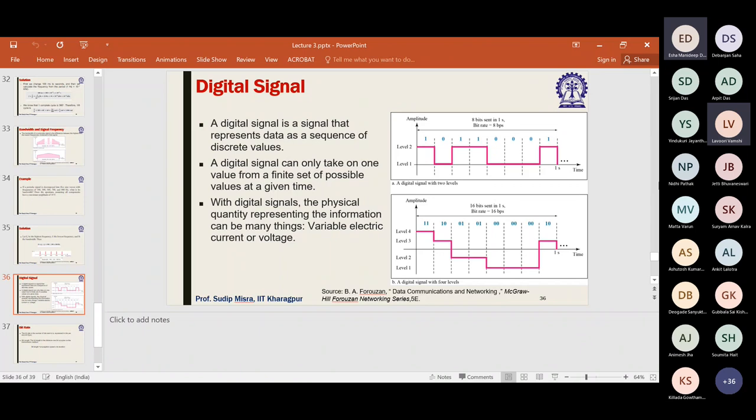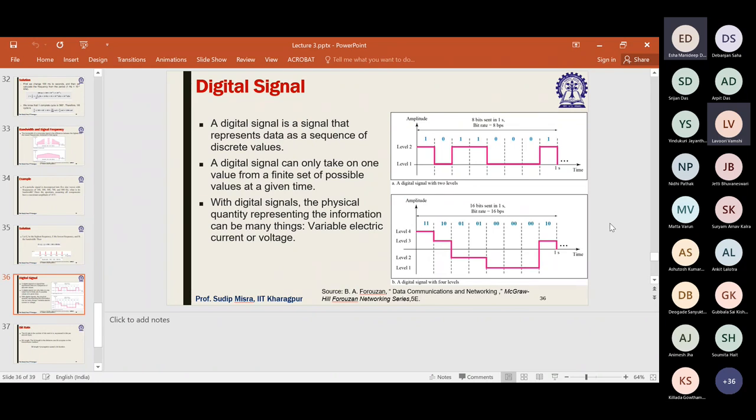If you want to encode zeros and ones, this is how the digital signal is going to look. There are more sophisticated ones, not just with two levels, where you can have multiple levels through which it can be encoded. For example, 1 1 1 0 0 1, like that, so you can show these things like this.